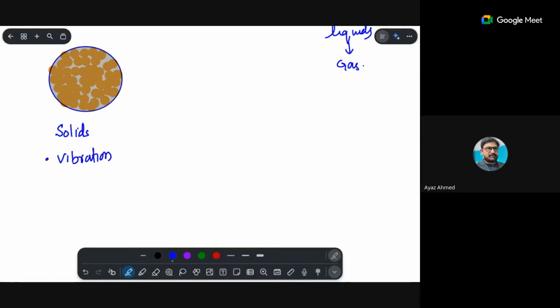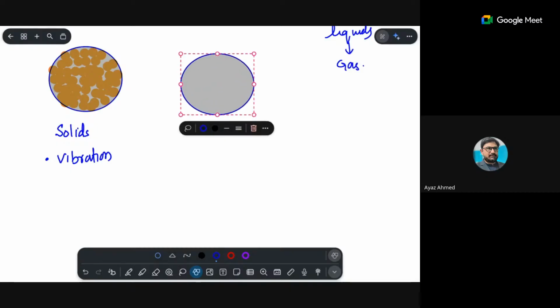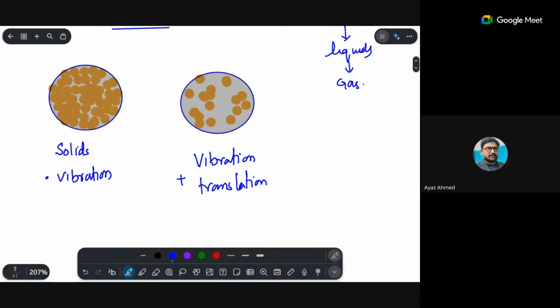In liquids, the molecules are grouped, and they have a little bit of space, so they can move. They have vibration as well as translation: vibration plus translation. Third, there are the gases.